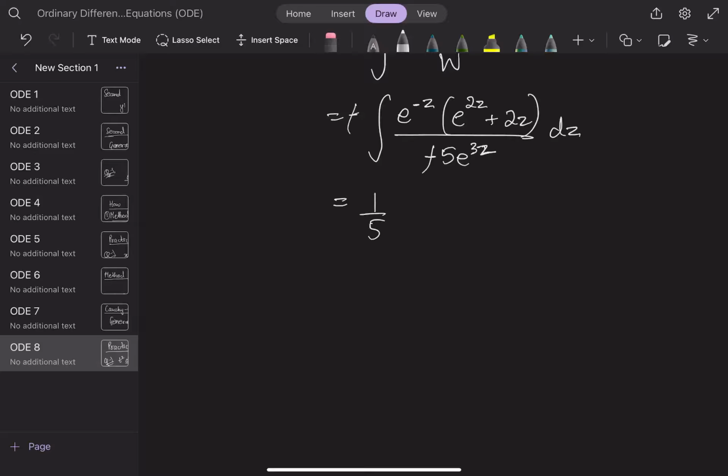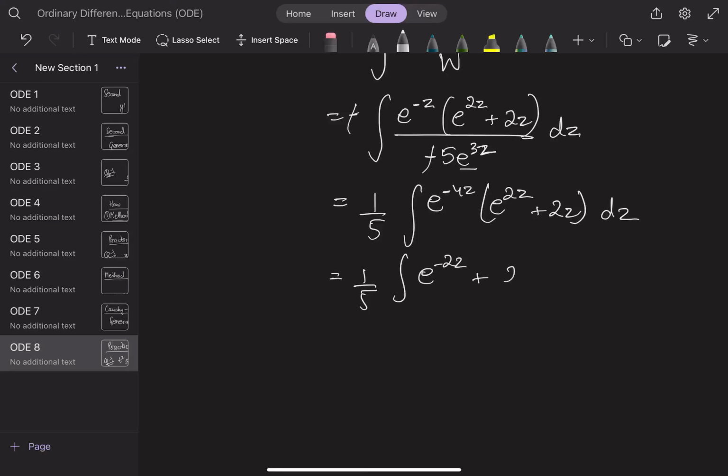1 by 5 integral. Let's take this e raised to 3z in the numerator. So e raised to minus 4z times e raised to 2z plus 2z dz is equal to 1 by 5 integral e raised to minus 2z plus 2z e raised to minus 4z dz.